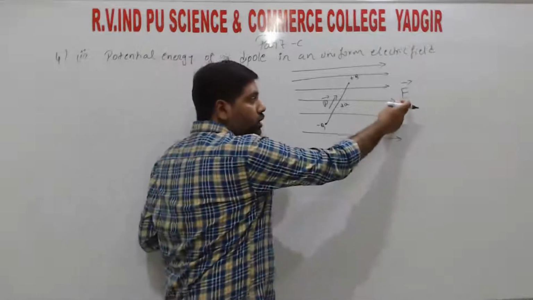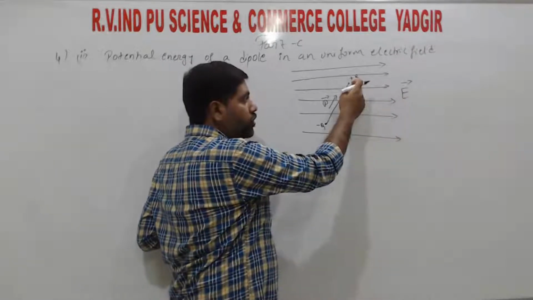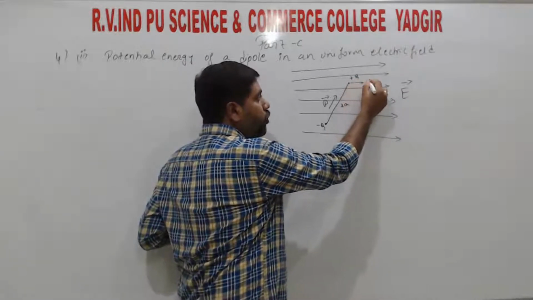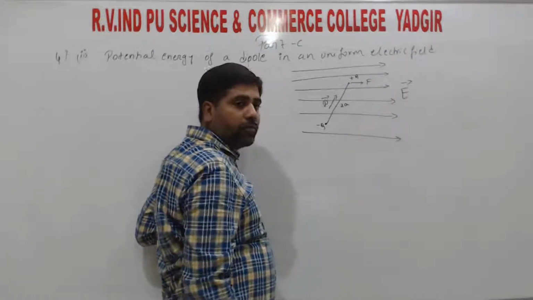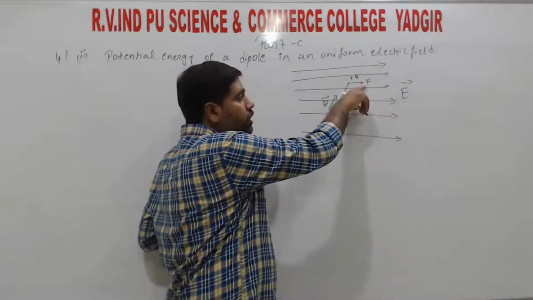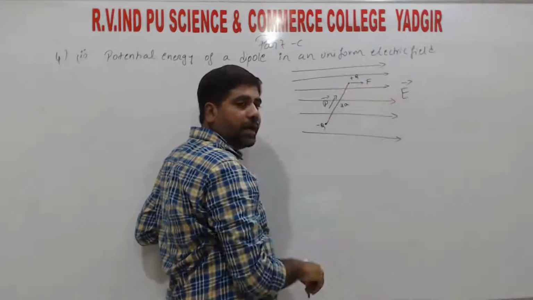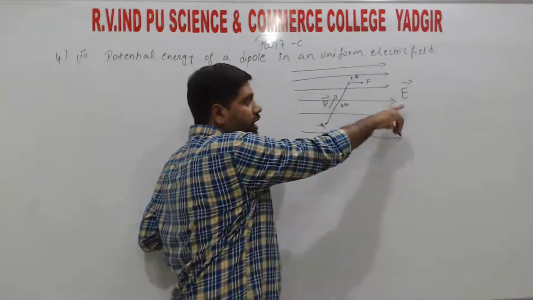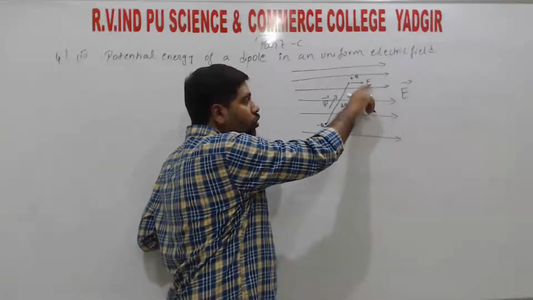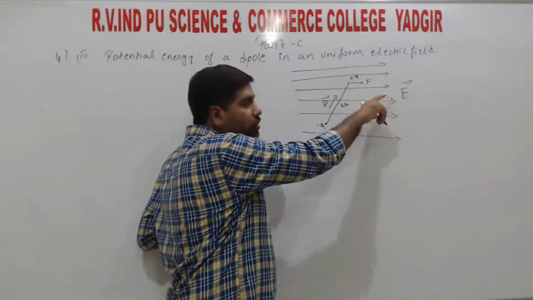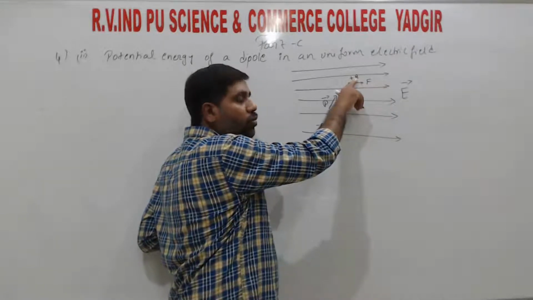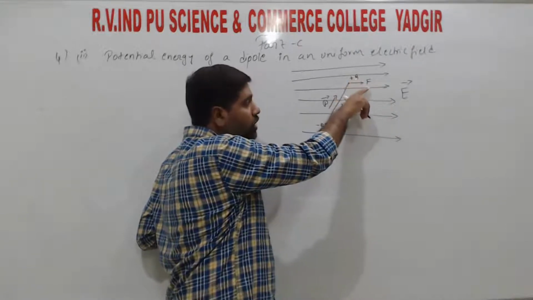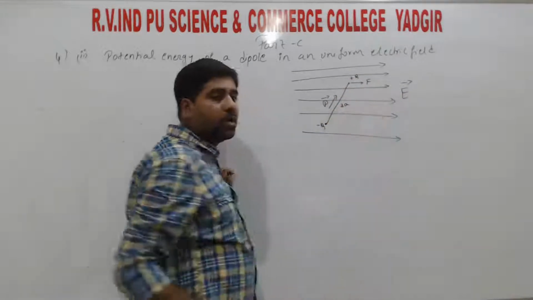So due to the electric field, the plus Q charge experiences the force, that is F, right? So this force is in the direction of the electric field. So force is a vector, electric field is a vector, right? So both having a magnitude and direction. So here the charge is plus Q, hence it experiences a force. So that force is in the direction of the electric field.